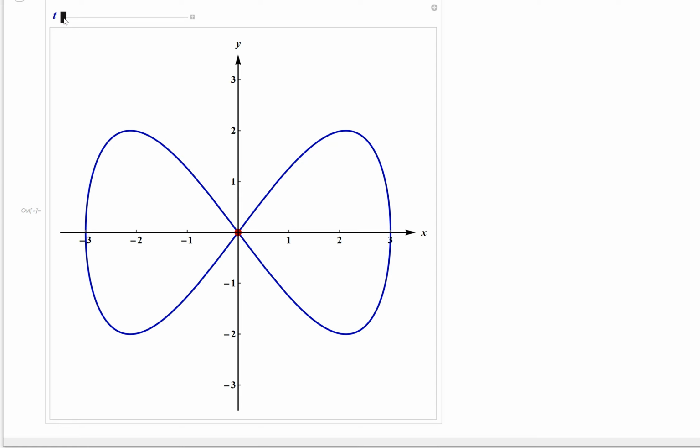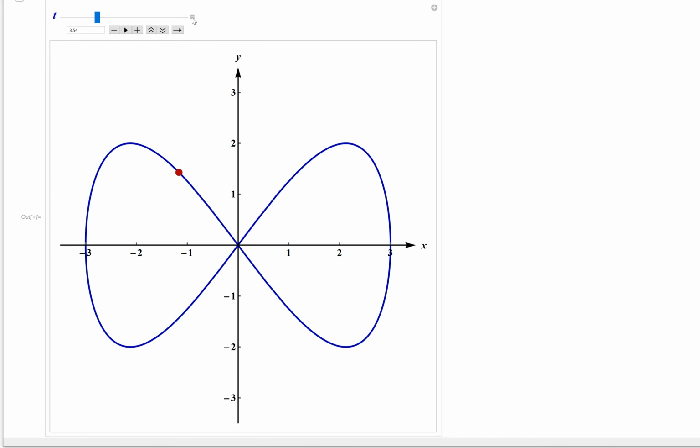And so, as you see here, t is at 0, and we're at 0, 0. And you just imagine, okay, as I increase my t value, at any given x, y here, it's determined by the particular t value. In that case, you see t is 3.54, and I can keep increasing this value of t, and as I increase the value of t, the point x comma y moves along the curve.